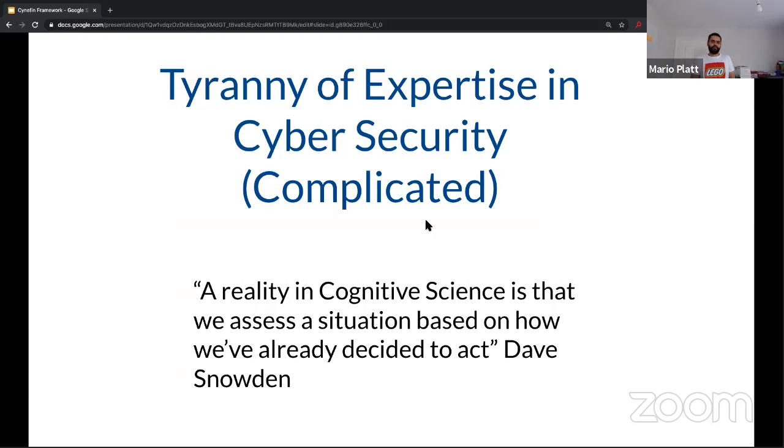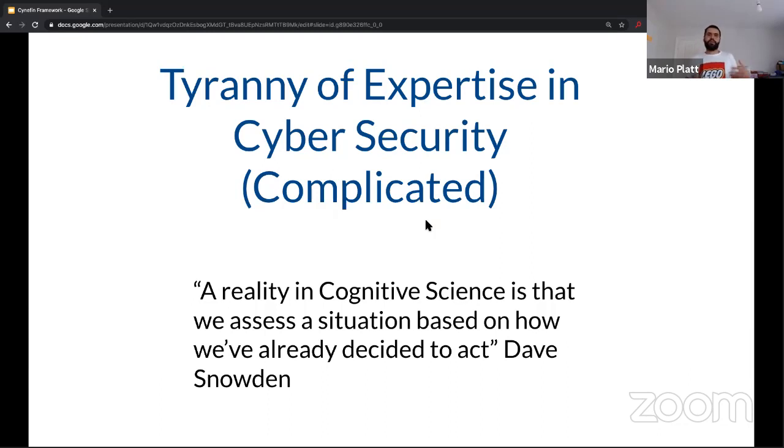Right, so this is what I mean by the tyranny of expertise, right? What we've been talking about. The problem is, because we are experts, we feel we operate very well in the complicated domain, and we try to put complicated solutions that are good for complicated into all types of problems, whether they are clear problems, whether they're complex or chaotic.